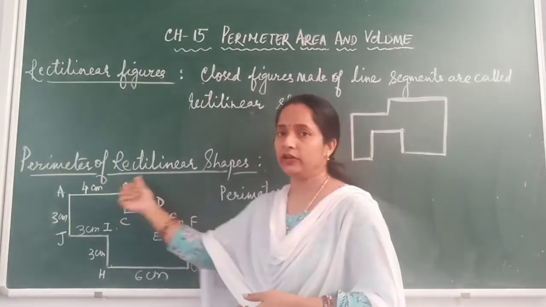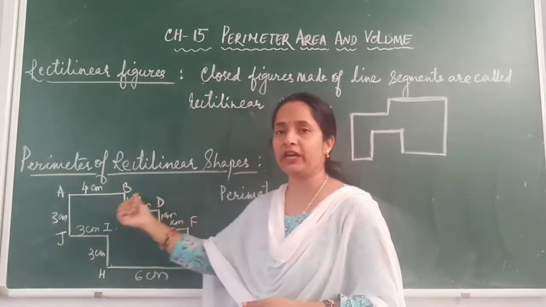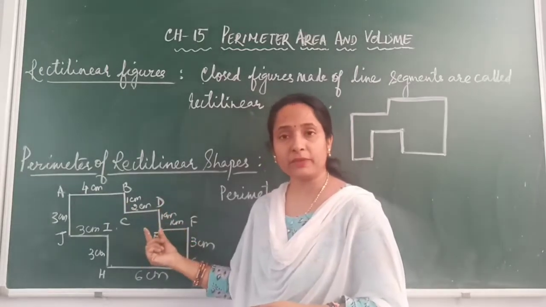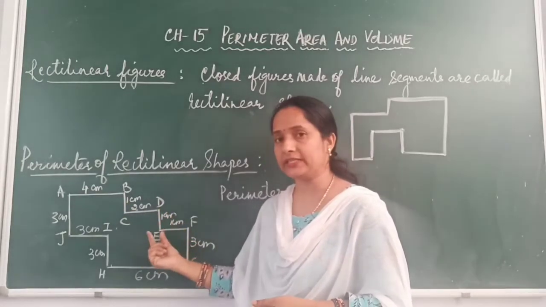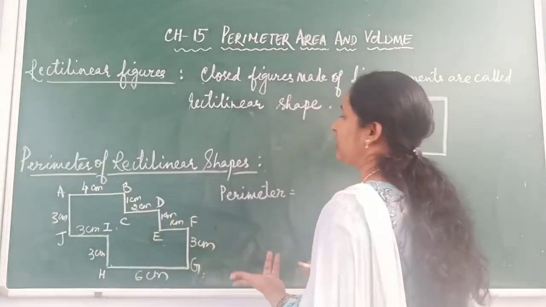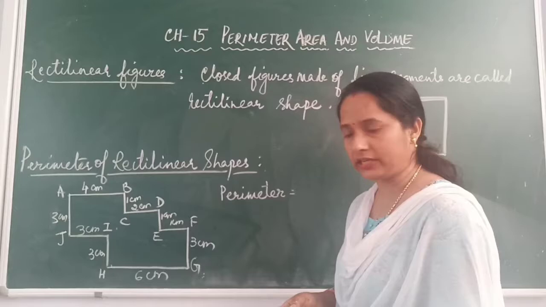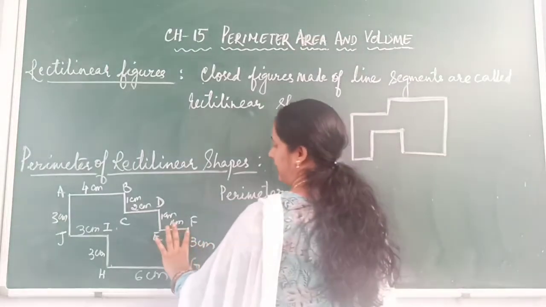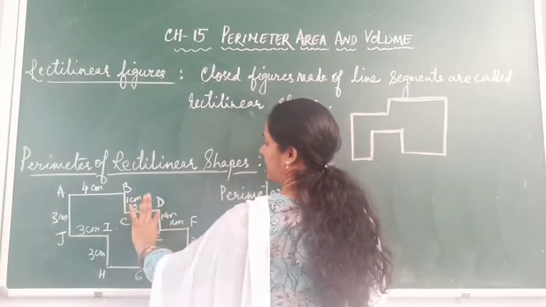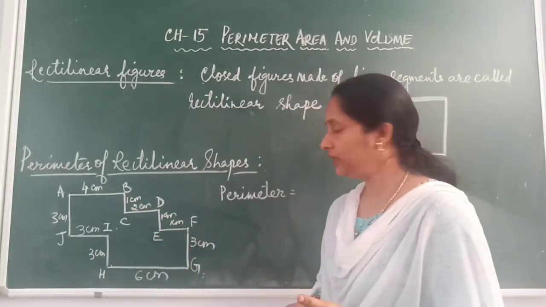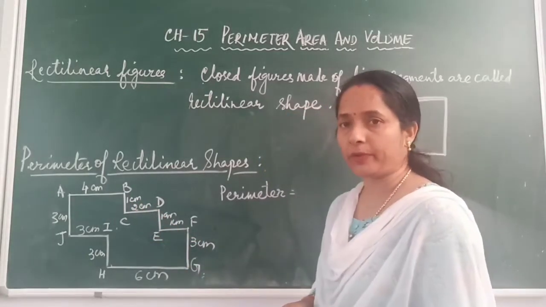This whole figure is made up of line segments and we do have the length of each and every line segment of this. This means we can even say that it is the sum of all sides, isn't it? These line segments can also be called the sides of the given rectilinear shape or figure.